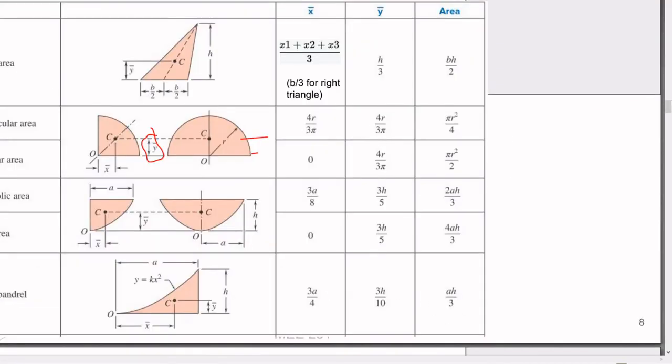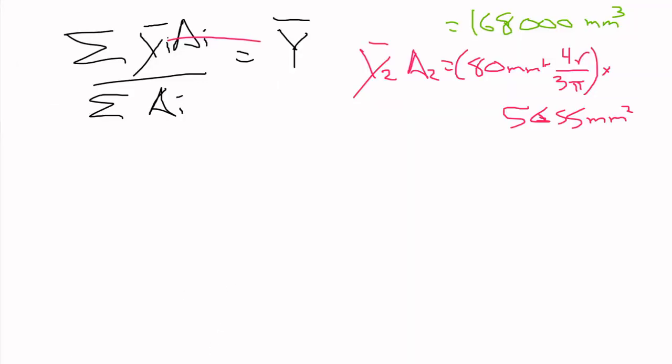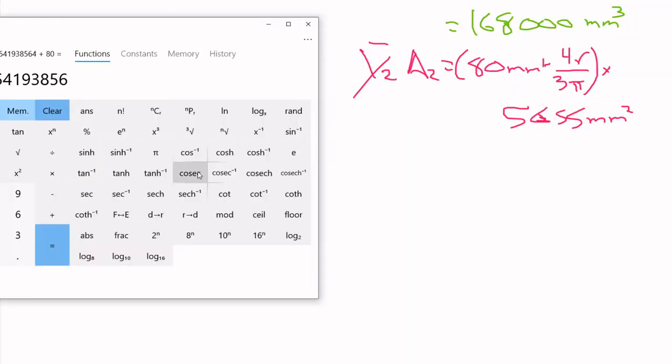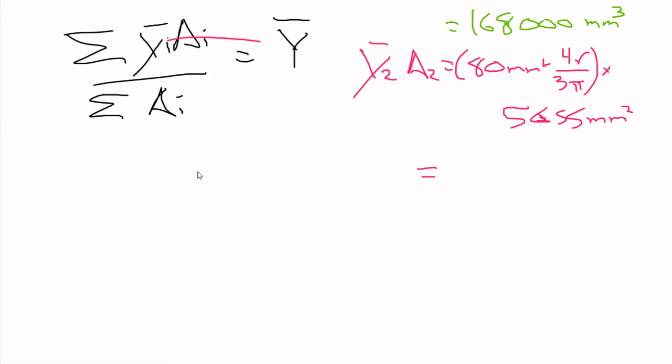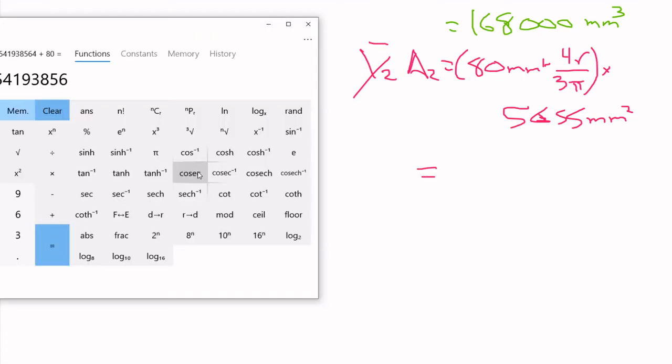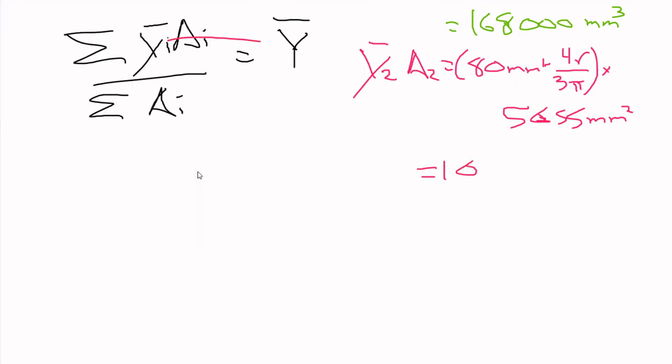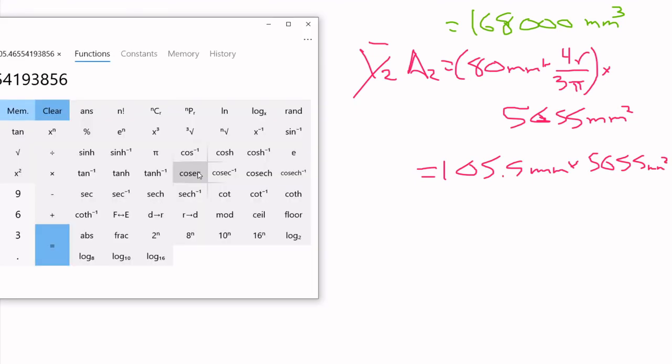So that gives us our y bar, 105.5 millimeters times 5,655.